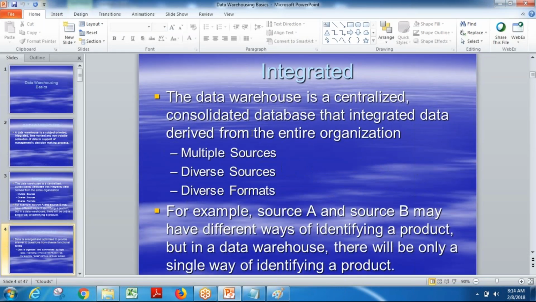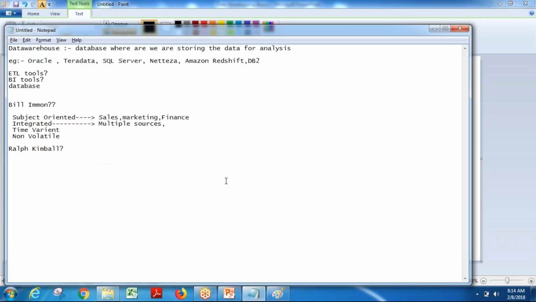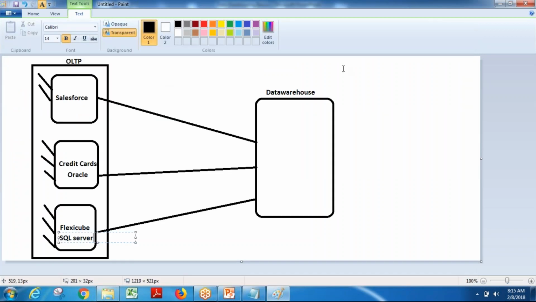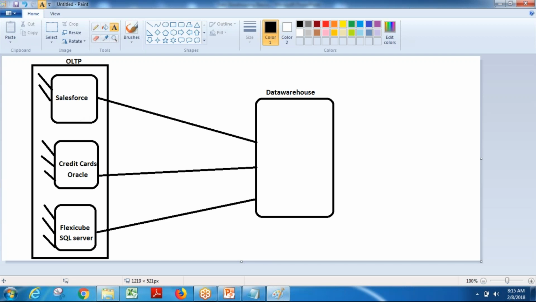So you're integrating the data from multiple and diverse sources. What do you mean by diverse sources? It's nothing but heterogeneous sources which are not the same. Also, it is possible that in an enterprise the data might not always be present in an application or a database.